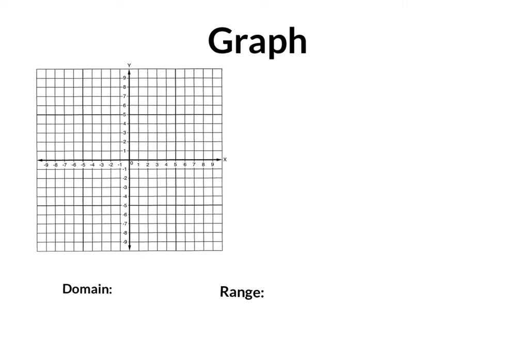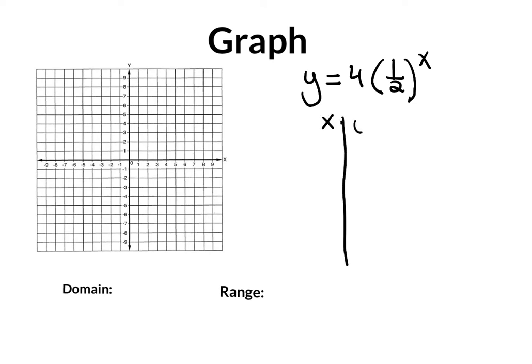All right, so let's graph exponential decay. We're going to do this function, y equals 4 times 1/2 to the power of x. Let's make an xy table. And remember, these numbers can get really, really small quickly, can get really, really big quickly.